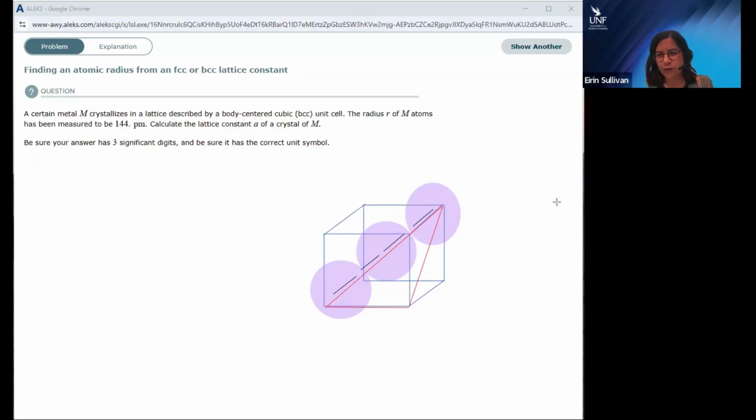So that is our 4R along this edge length right here, which is going to relate to our edge length L. But we can't just get this right off the bat, so we're actually going to have to do 2 Pythagoras's here.